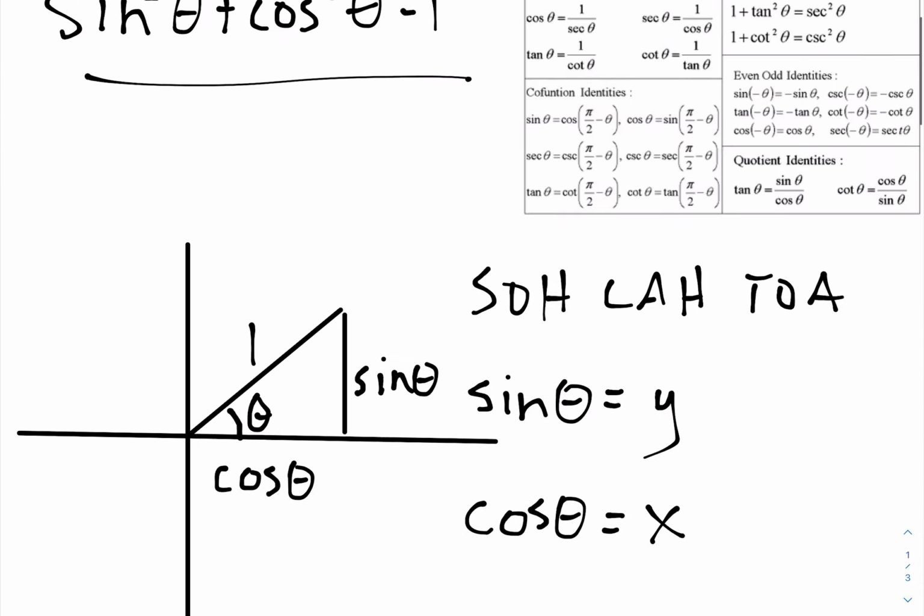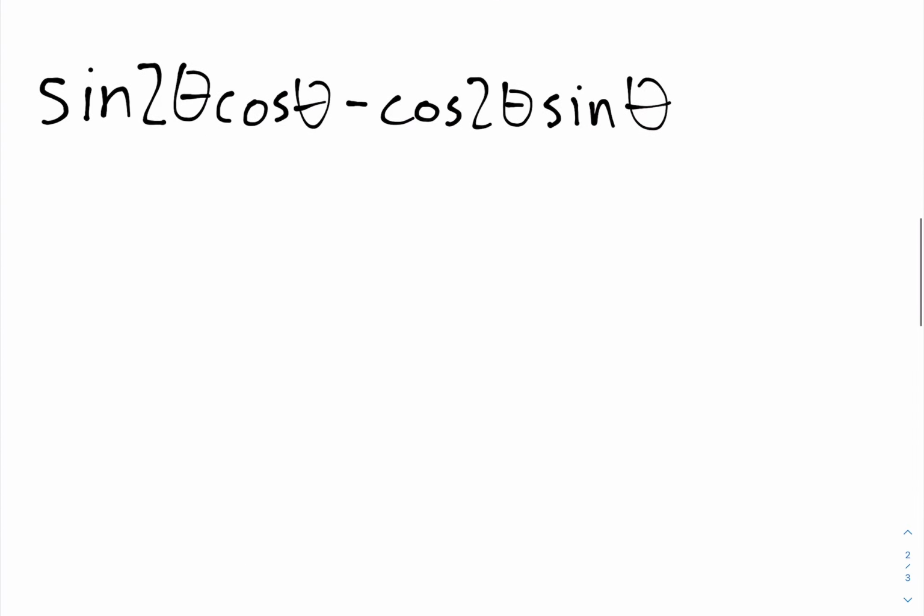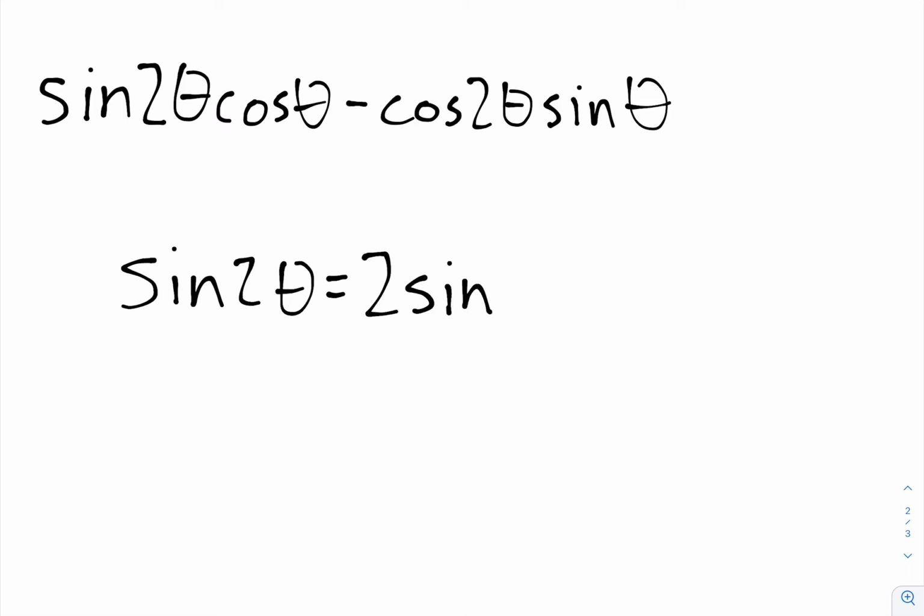So sine of 2 theta, let's look for it in here. It doesn't look like this chart even has it, but I'll tell you right now, if you look up bigger charts, sine of 2 theta is going to equal 2 times sine theta cos theta.